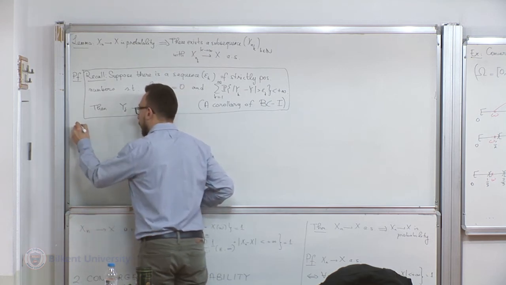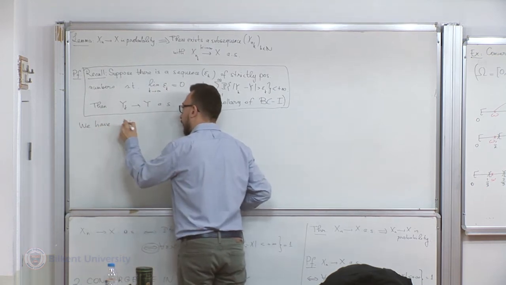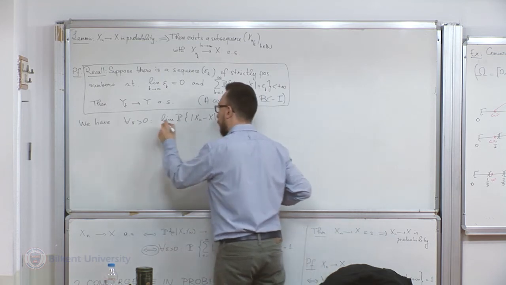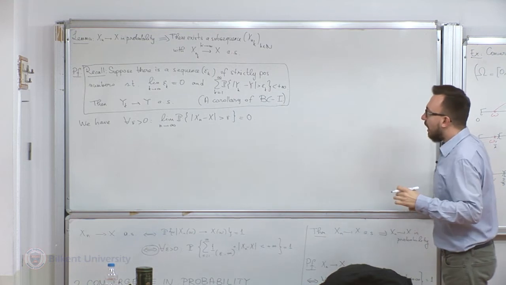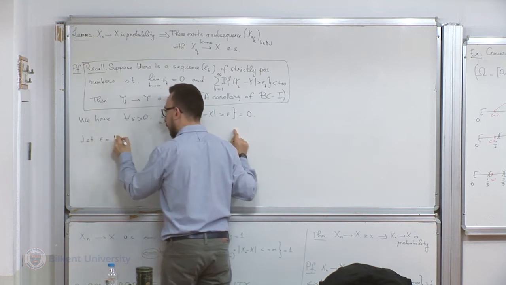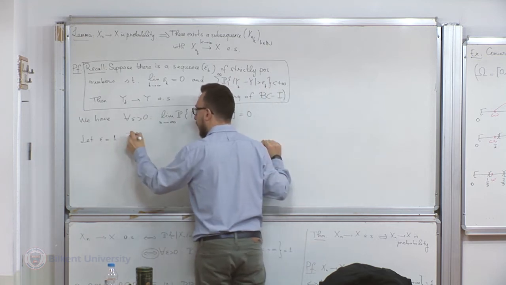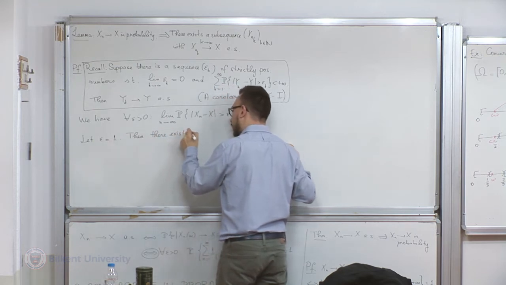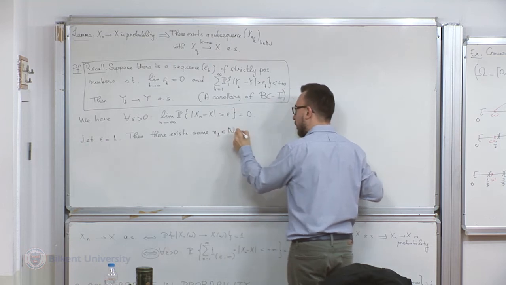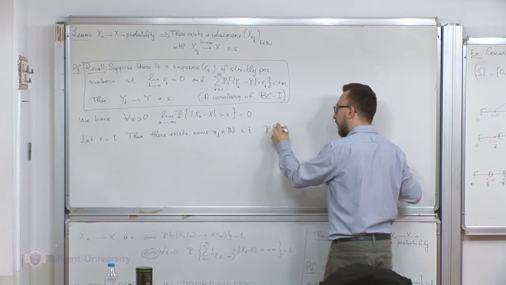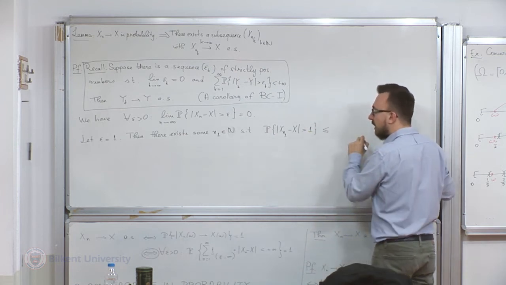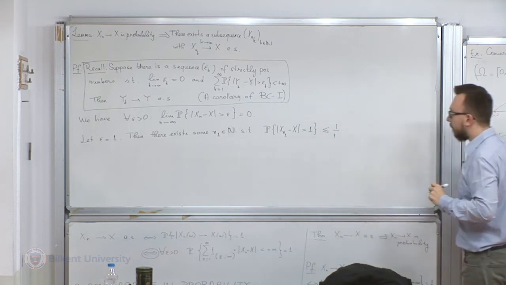Okay? So we have that for every epsilon, the limit of the probability that |xn minus x| is greater than epsilon is 0. So what does that mean? Well, if I take epsilon 1, then there exists some n1 such that the probability that |x_{n1} minus x| is greater than 1 is less or equal to 1 over 1.